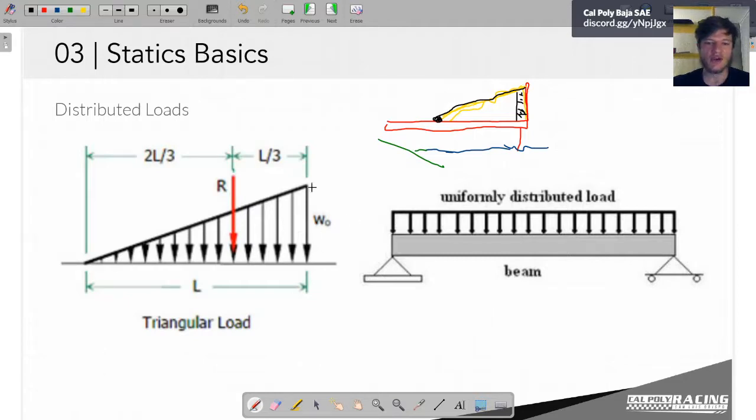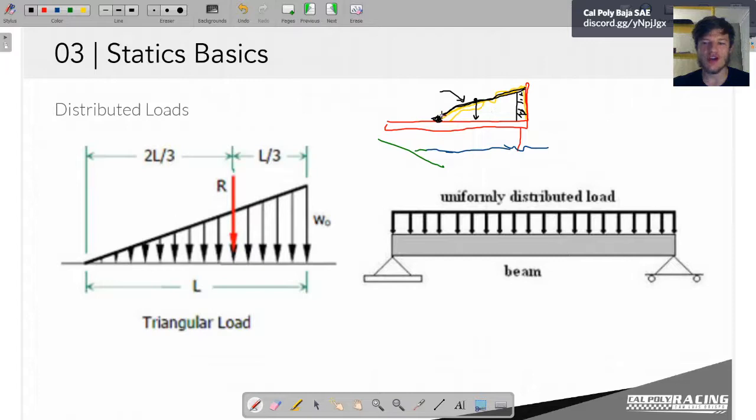We say we have this total load, and then we describe this equation here, the equation of this curve that describes what the force is at a specific point underneath it.